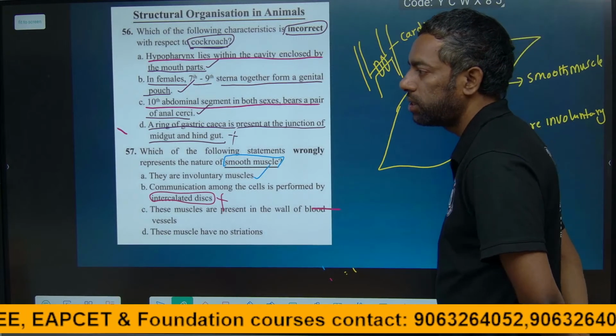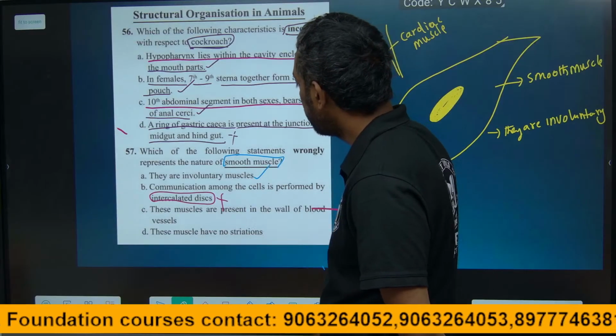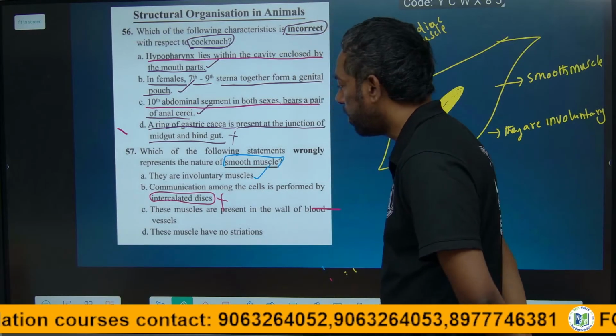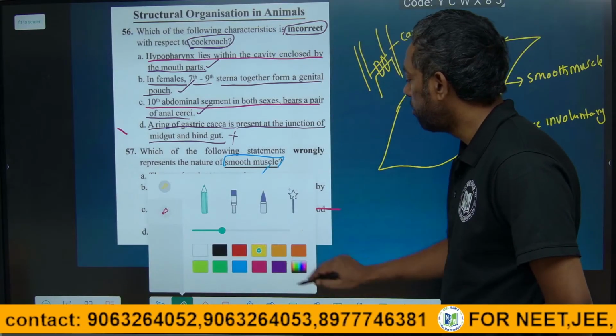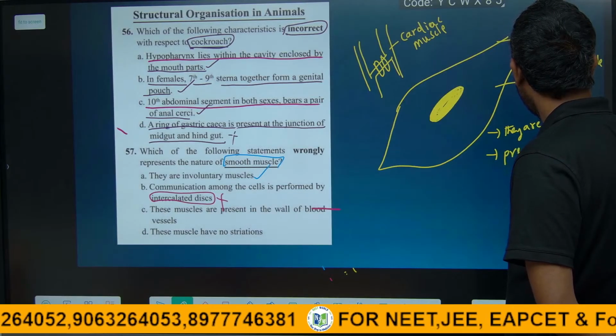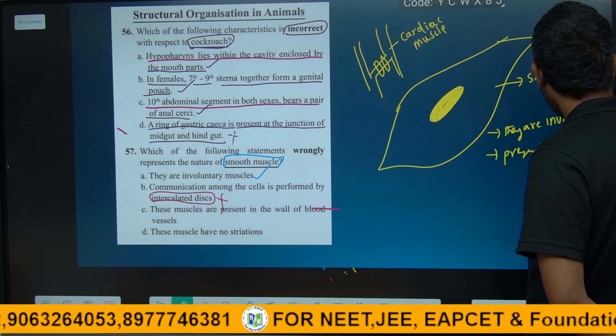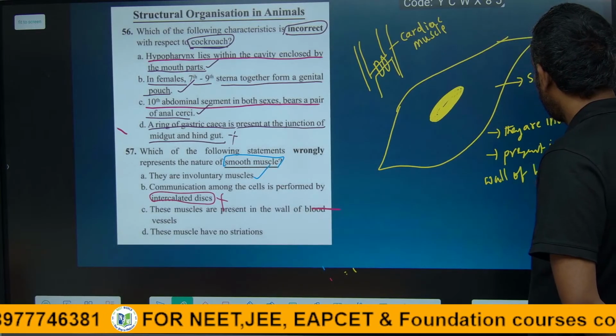Okay, this is an intercalated disc, and these muscles are present in the wall of blood vessels. Of course, smooth muscles are present in the wall of blood vessels.